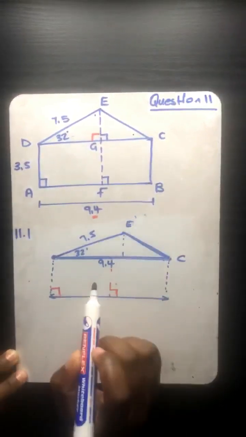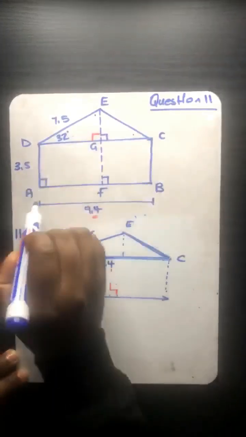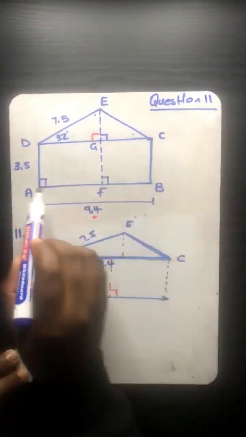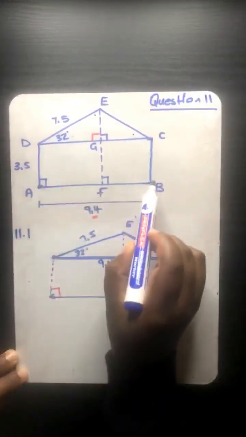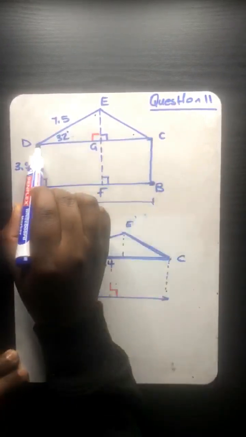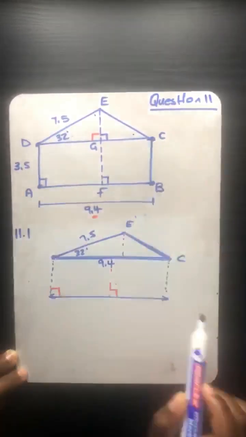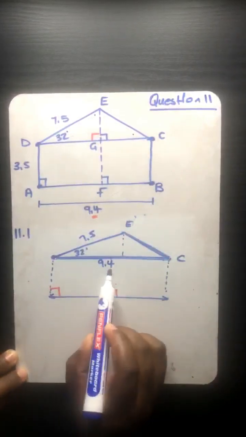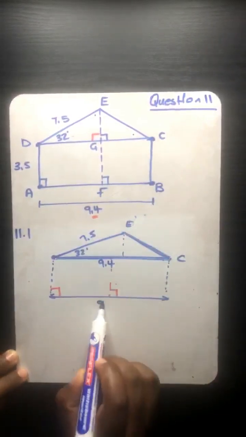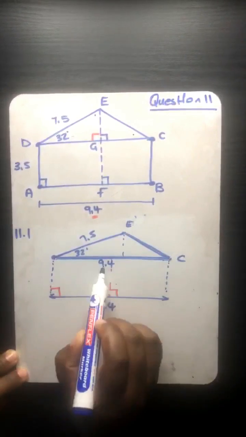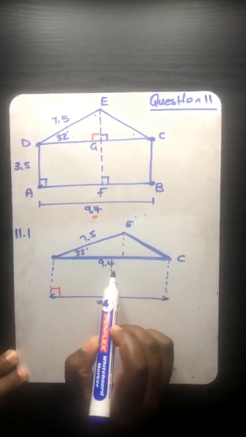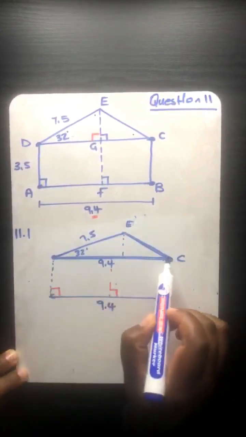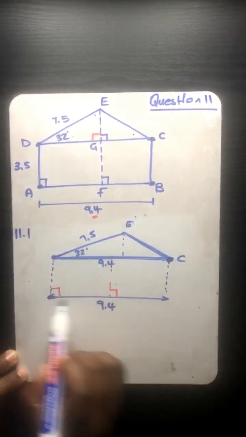But because this is vertical and that is vertical, from there to there has to be equal to from there to there. So that is why that 9.4, whether it is there or there, makes no difference. You just know that from there to there is equal to from there to there.